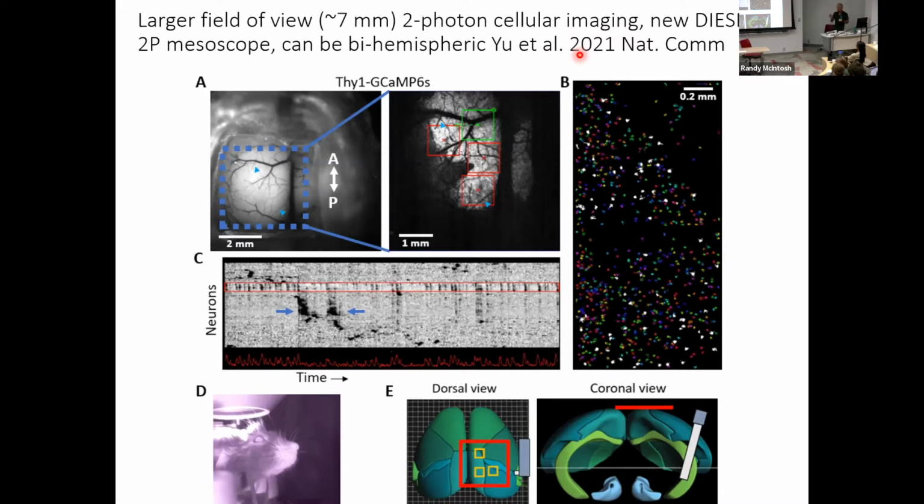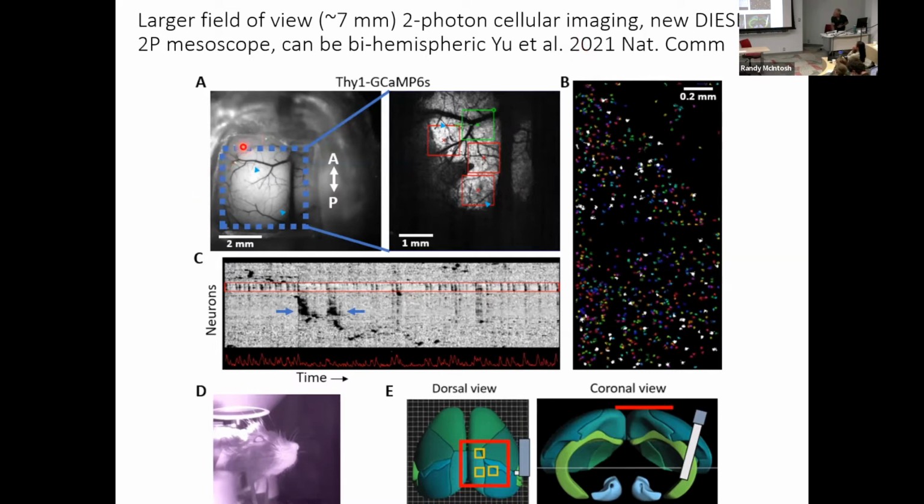This is a 2-photon microscope that has a 7 mm field of view. Now, for people that work in humans, 7 millimeters doesn't sound too impressive, but it's almost the width of the mouse cortex.